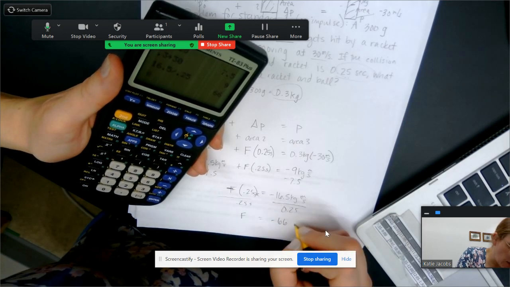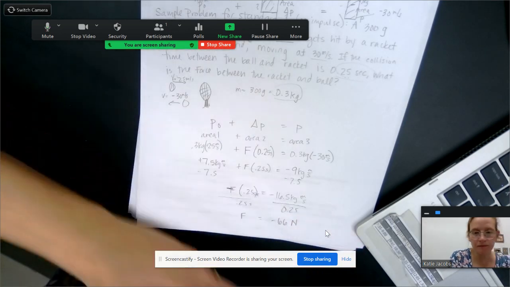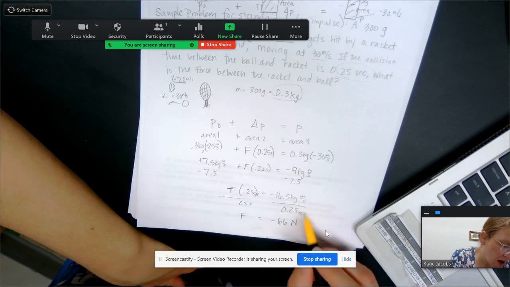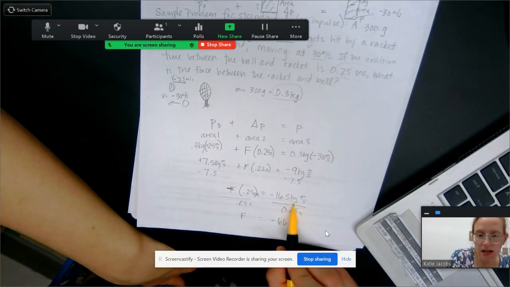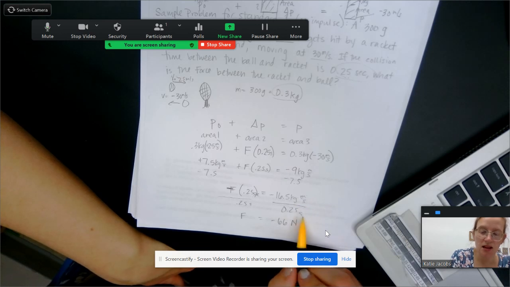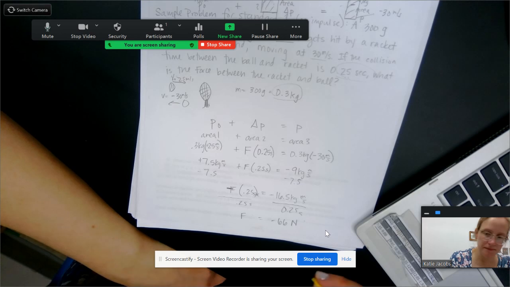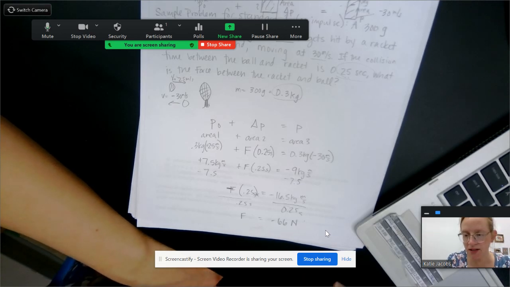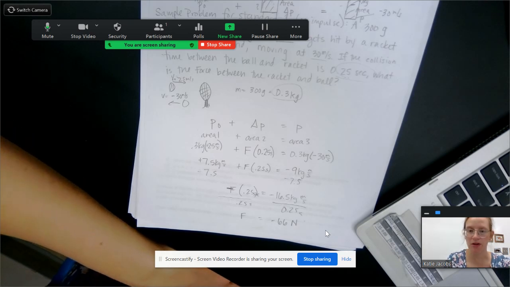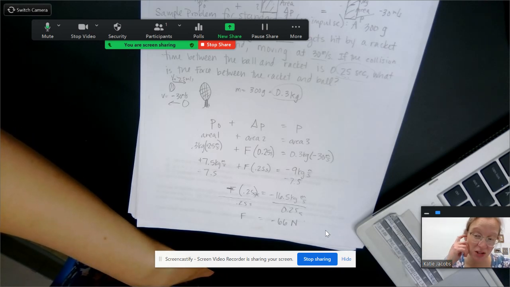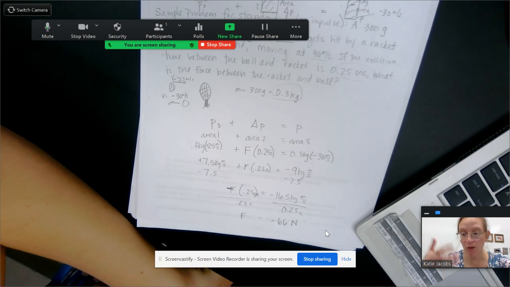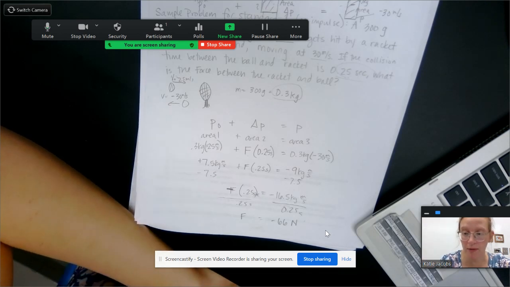And because I'm solving for force, the answer is newtons. You might say, how do I get a newton? A newton is a kilogram times meter per second divided by a second. That equals a newton. I don't necessarily expect you to know that, but I do expect you to know that force is measured in newtons. That's why we have to use kilograms in these problems, because the only way to get newtons is to have kilograms in the problem, not grams.